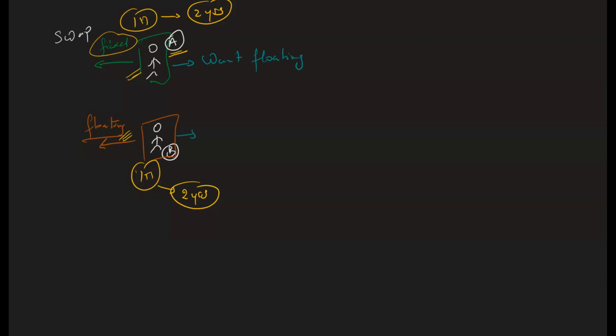And B has a floating, but B wants a fixed rate. So they can exchange these cash flows over a period of time, which is the life of this loan. Now, the cash flows are exchanged in terms of interest on the notional amount. The notional amount itself is not exchanged.